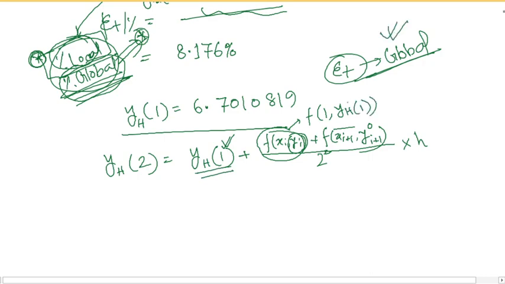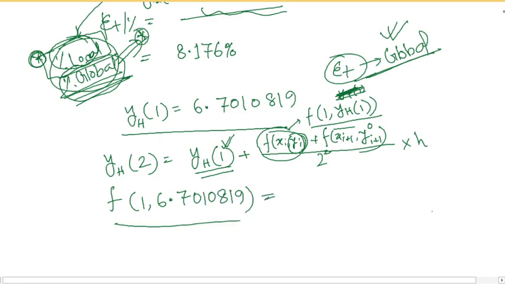For local error you might have used yt1 in this case, but now I am not. So let's calculate this one: f of 1 comma 6.7010819, this is the function.